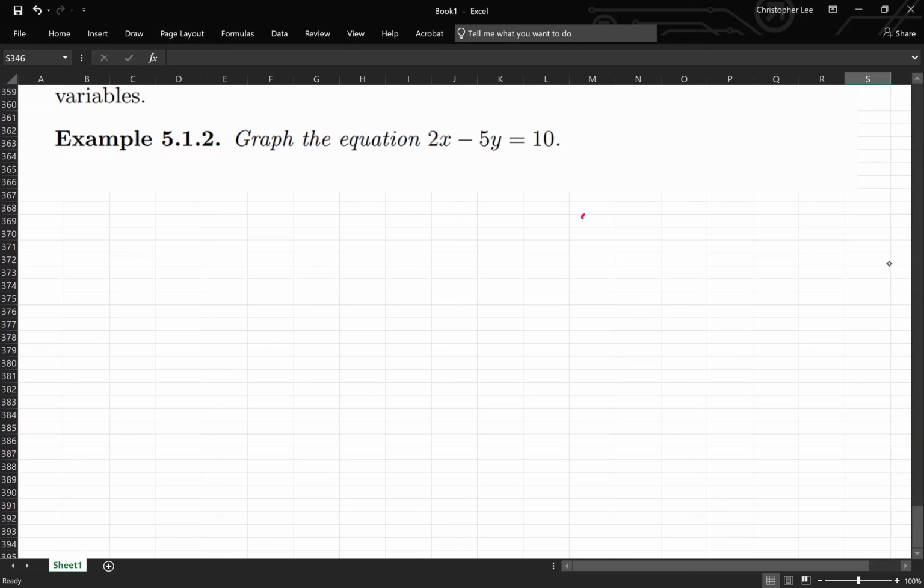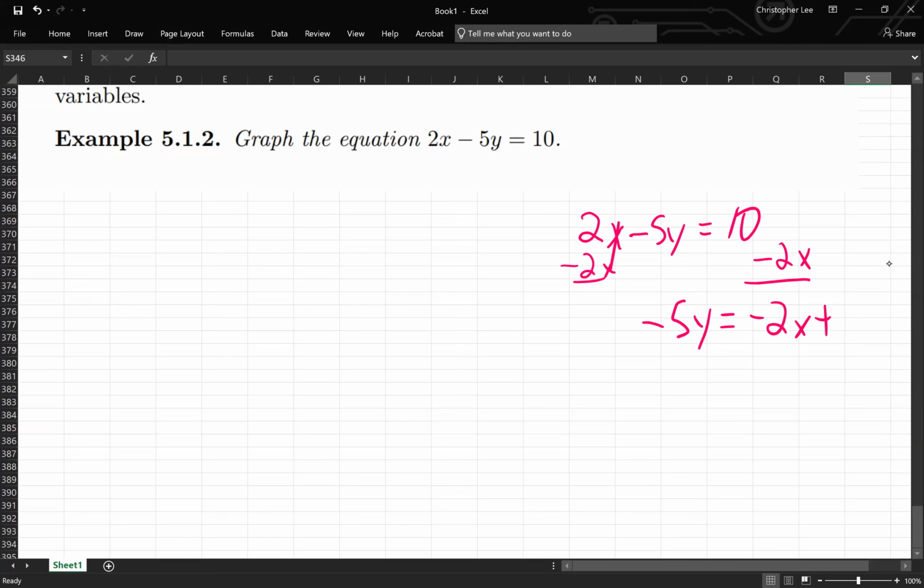Recapping again, I have 2x minus 5y equals 10. And then I'm just going to subtract the 2x from here. This is negative 5y equals negative 2x plus 10. Divide by negative 5 on each term. I'm trying to solve for y. So y is equal to 2/5 x minus 2.